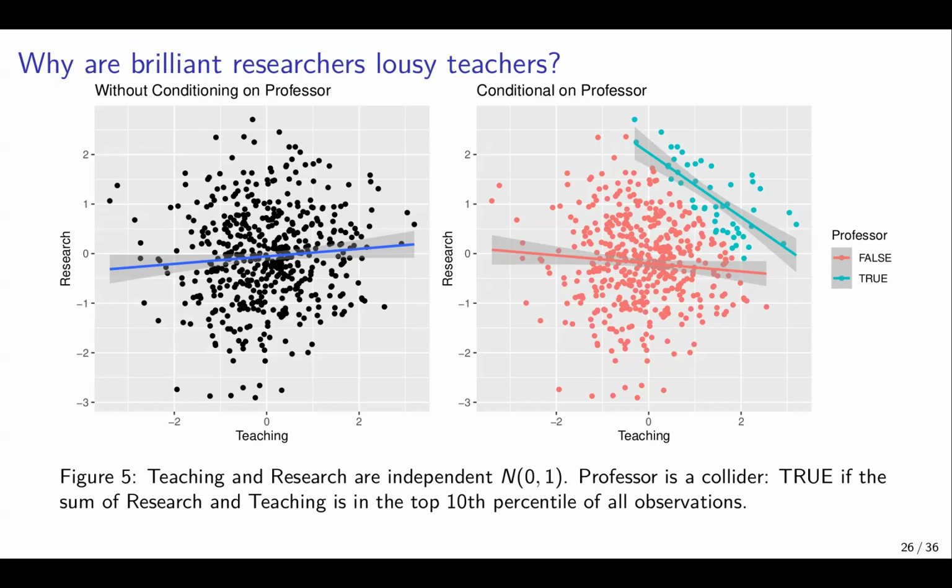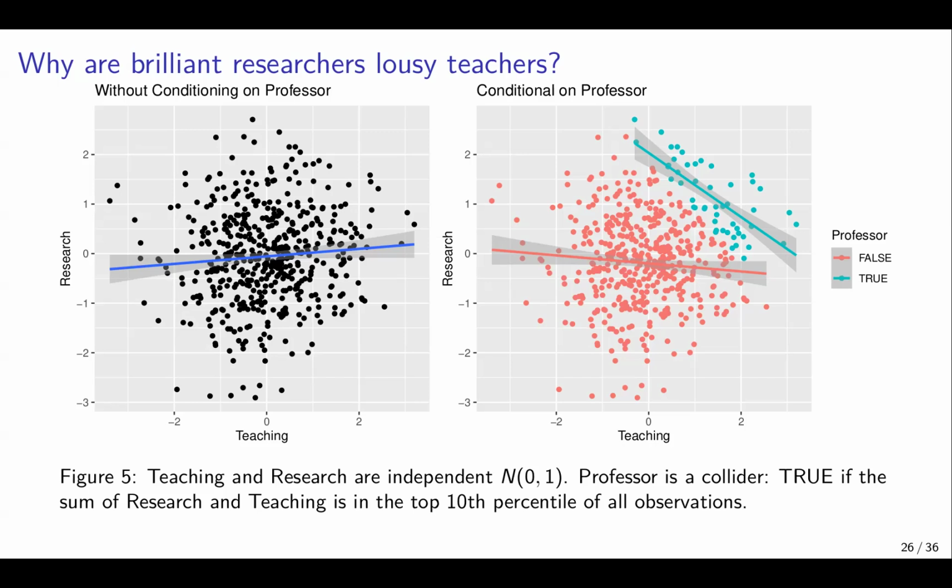All right. The example with the bell and the coins isn't really that interesting, so here's maybe a slightly more entertaining example. Have you ever wondered why brilliant researchers are often lousy teachers? Well, what I have done here is I have generated a whole bunch of fake professors, using a standard normal distribution for each of two quality scores, a teaching score and a research score.